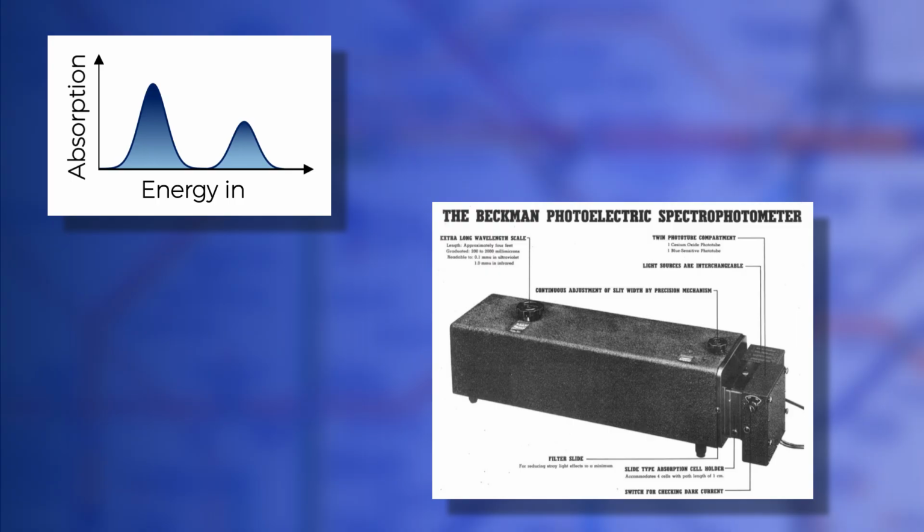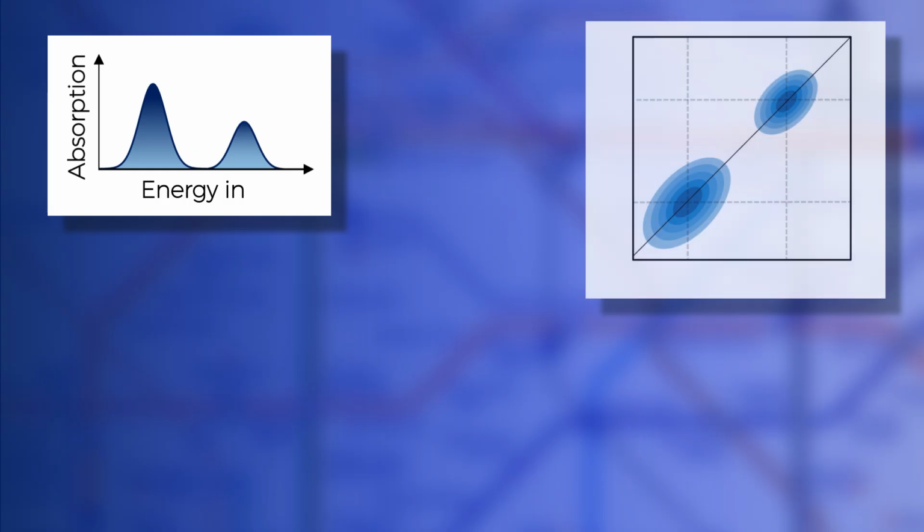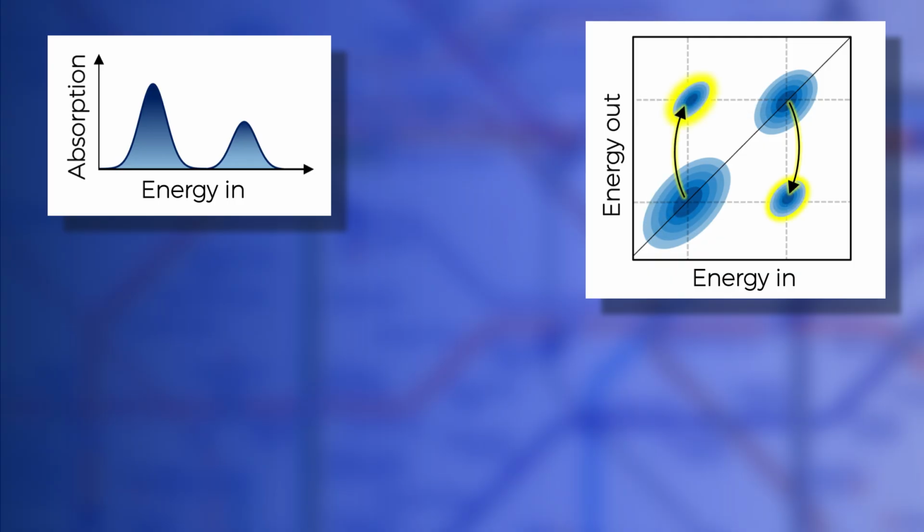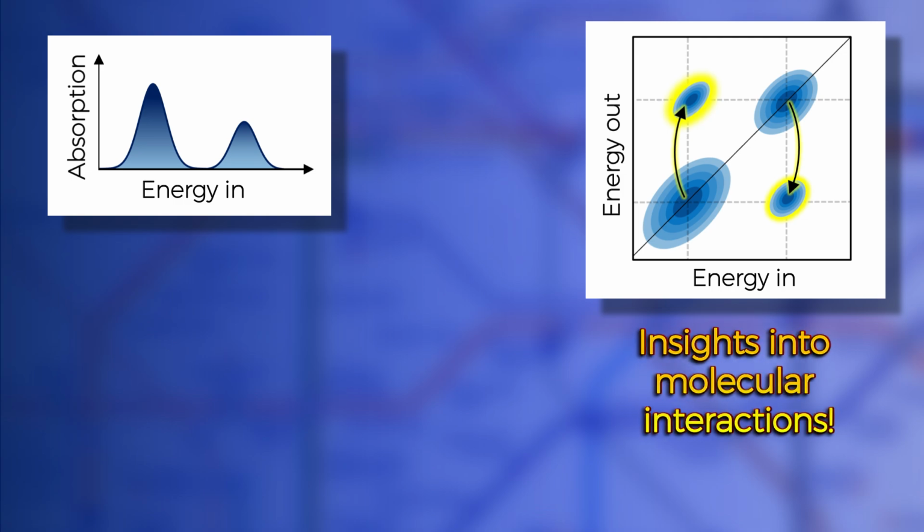Now imagine we're able to expand our perspective and examine not only the energy of light going into a sample, but also where the energy comes out. This approach allows us to see how various peaks relate to one another. This information is directly related to the interactions between different molecules in a chemical system.